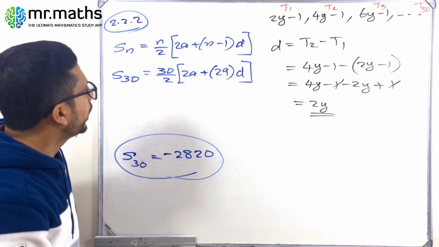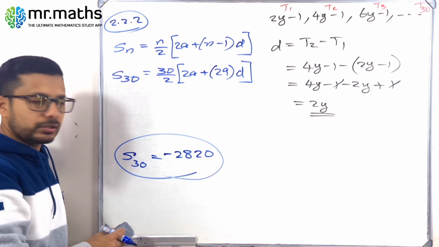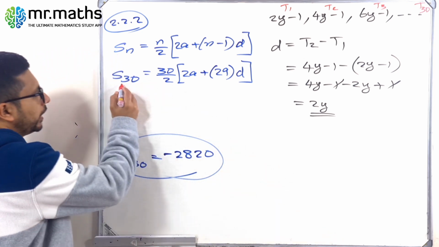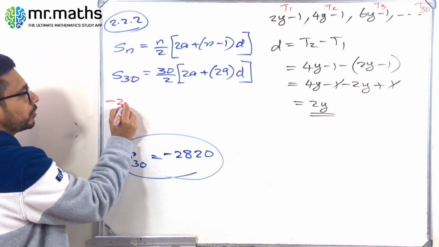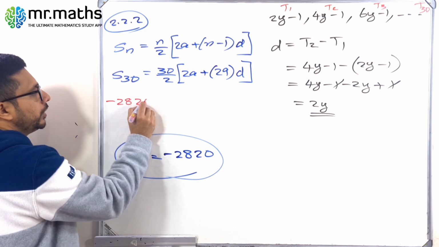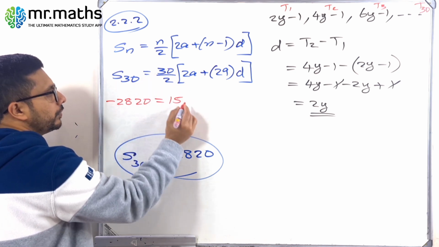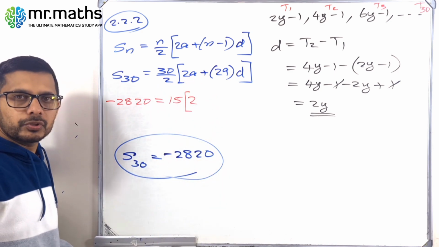Okay, now we know that S30 is minus 2820. So now I'm going to substitute that. The whole of this S30, minus 2820, is equal to 30 by 2 is 15, into 2a. A stands for the first term.